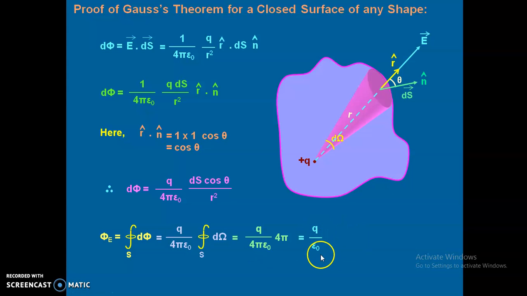Now we will get q upon epsilon naught, that is equal to φ. Again we have obtained the Gauss theorem for a surface of any shape. This is a random shape, and we have got the same expression as we stated in the last slide.